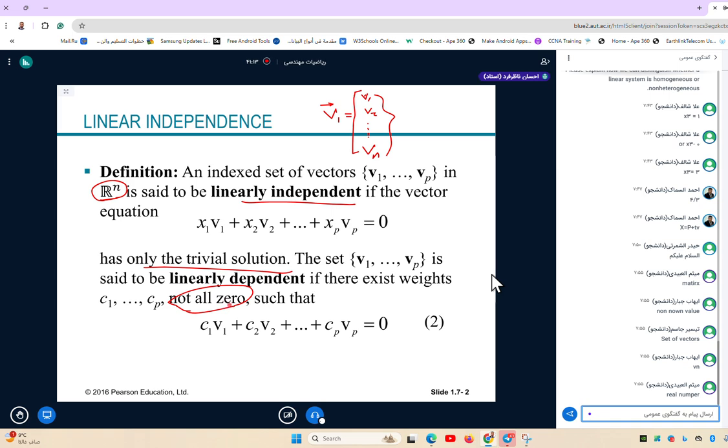So if we can find at least one non-zero weight, this makes this set of vectors linearly dependent. But if we have only the trivial or 0 solution, it is called linearly independent. So, two important definitions.